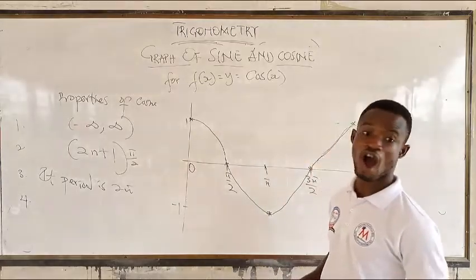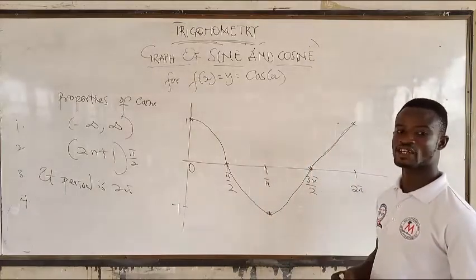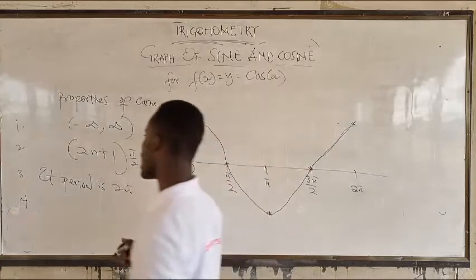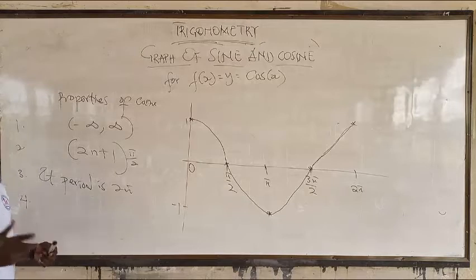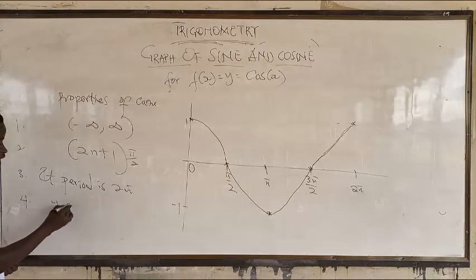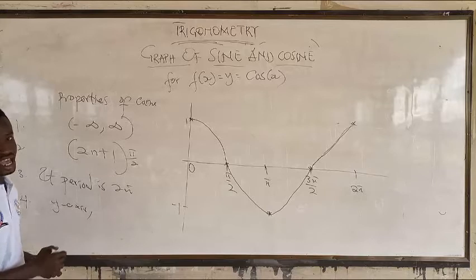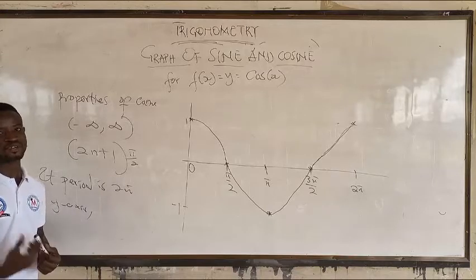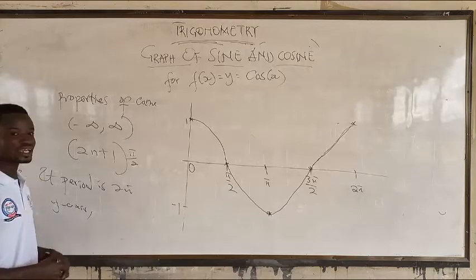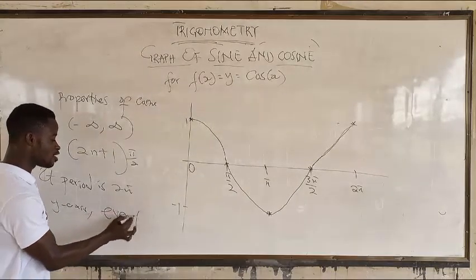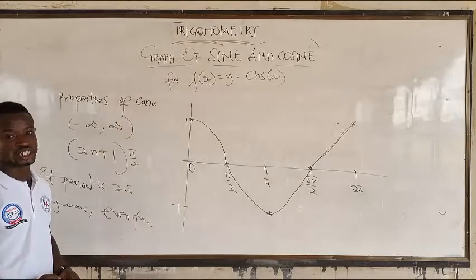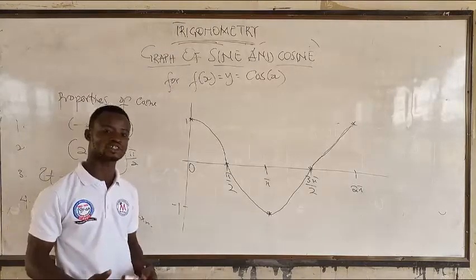For all x in the domain, so here we are saying that the graph is symmetric to the y-axis. And also we are saying that since it's symmetric to the y-axis, then it means that the function is an even function.